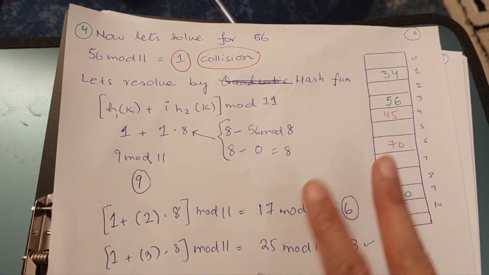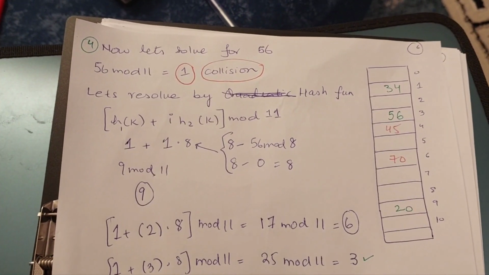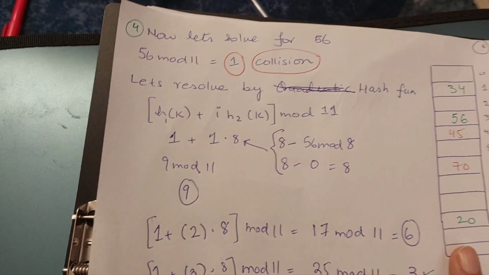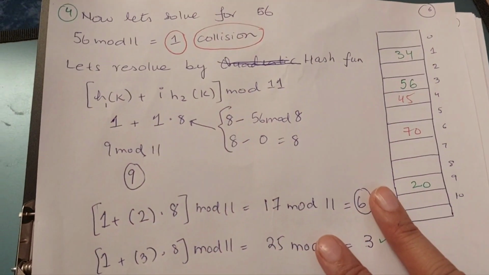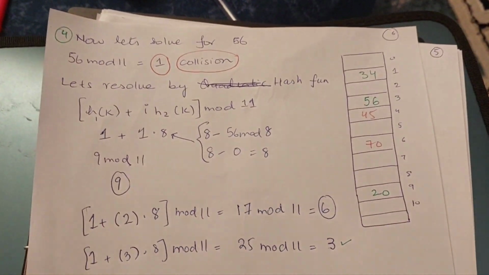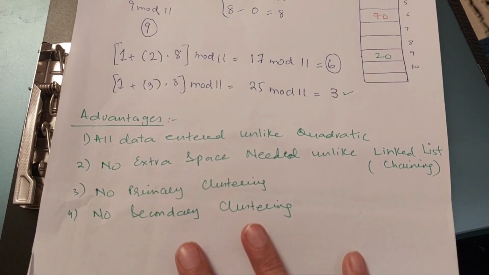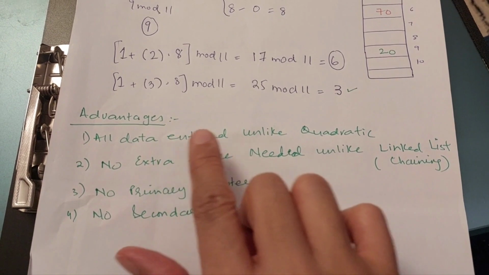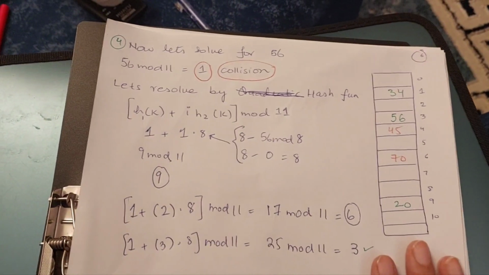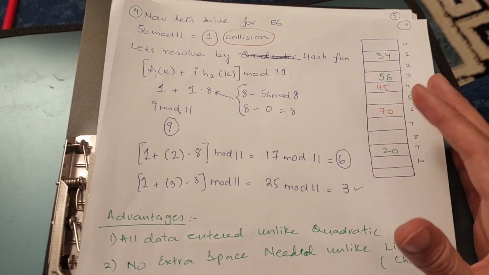So with this explanation, you got to know that the distribution is quite uniform, and we were able to place all the entries. So if I start writing down the advantages: first of all, the main thing is that all the data is entered, unlike quadratic. In my previous video, if you haven't seen it, then go and see it.